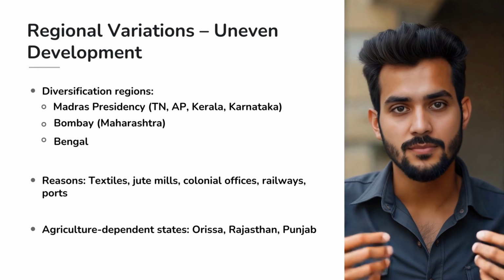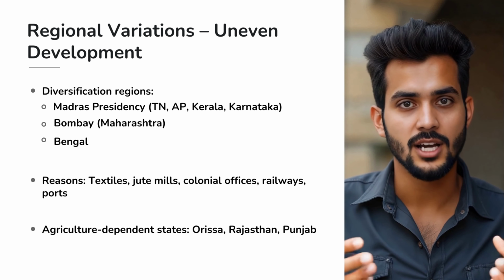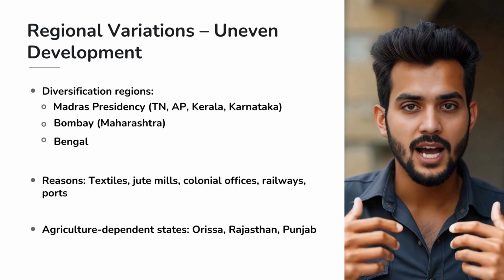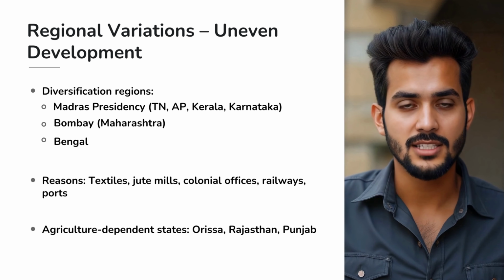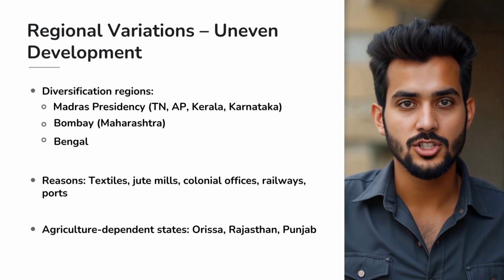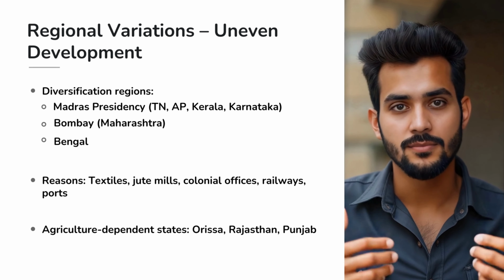Why? These regions had access to early industries like textiles and jute mills, colonial administrative offices, and better transport like railways and ports. But in contrast, states like Odisha, Rajasthan, and Punjab continued to rely almost entirely on agriculture.